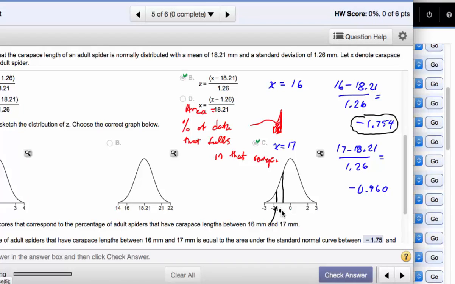So say right there. And then for x equals 17, it has a z-score of negative 0.96. What's identical? The relative frequency. Right. And so therefore, what's true about this area right here?